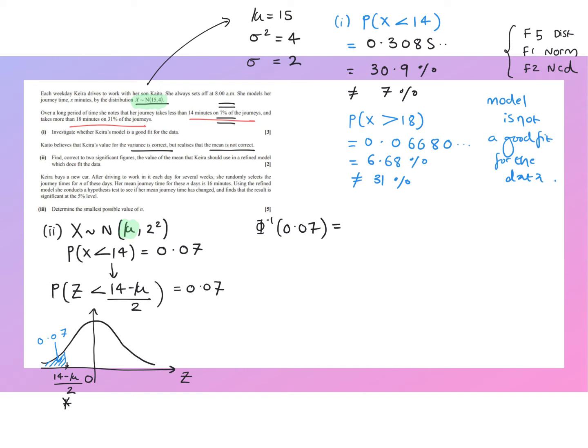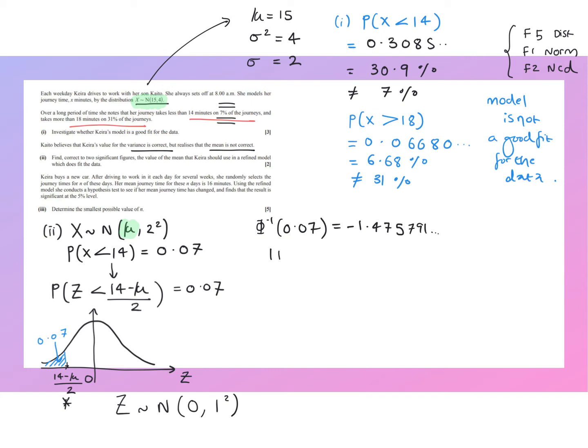The area is 0.07, and for sigma, we're working with the Z distribution now, which has a mean of 0 and a variance and standard deviation of 1. That gives us minus 1.475791.